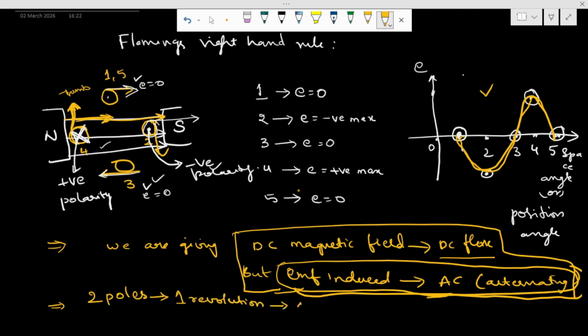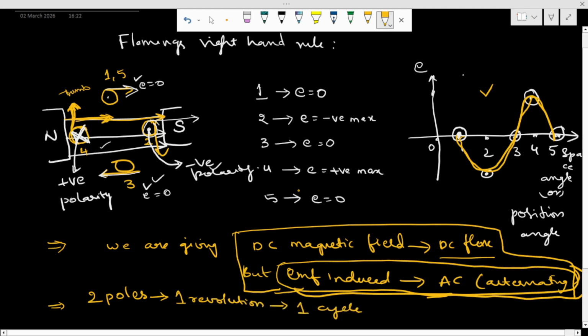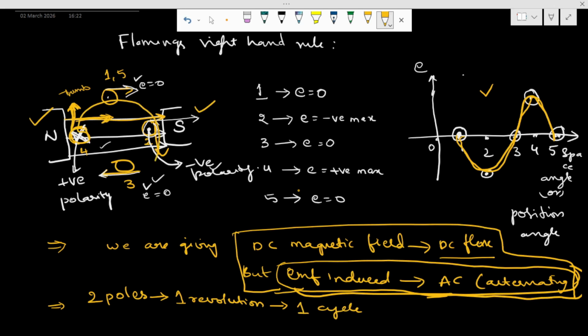We got one cycle with the two poles. These are the observations from this.